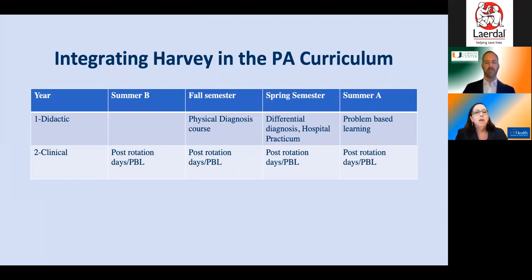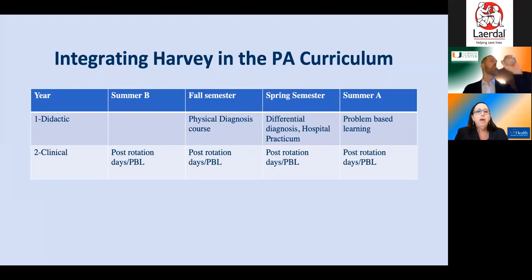You may think, how do we use it in the clinical year when we only see students once a month? Some institutions, during the clinical phase, every student has a 4 to 6 week clinical rotation. They come back to campus or have a virtual educational component to their post-rotation day.